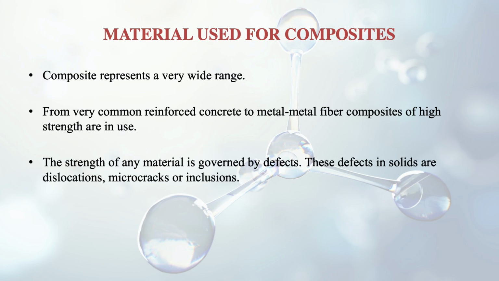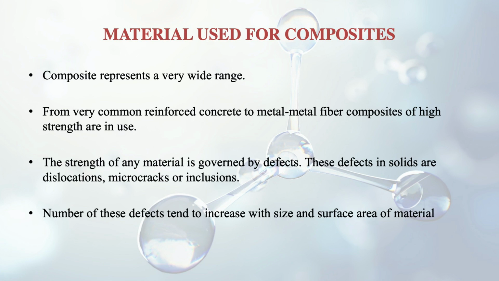The strength of any material is governed by its defects, and these defects in solids may be dislocations, micro cracks or inclusions. So the lesser the number of defects, the better the material. Similar is the case for composites. But the number of defects tends to increase with the size and surface area of the material.